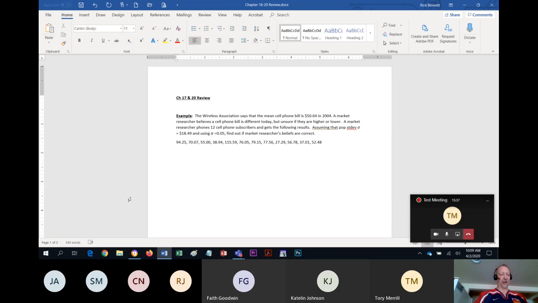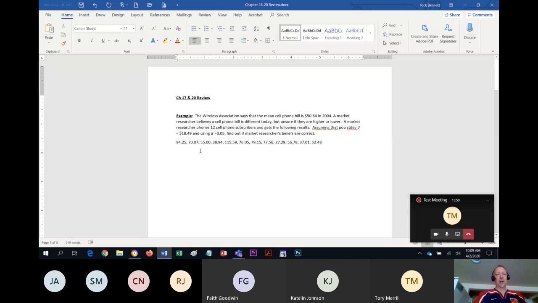So I want to do both a confidence interval and a hypothesis test. Essentially, this is what you're going to have to do for your final project, so we will do both of these at the same time.